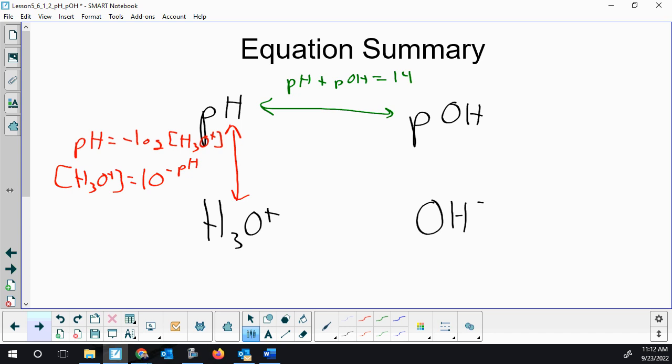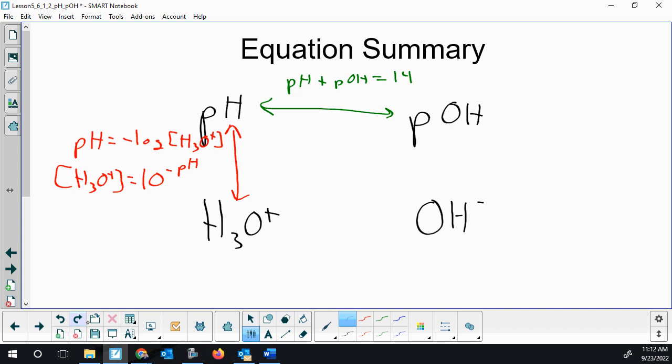So if I give you a question, hydronium, and what's the pOH, you can't do that in one step. You have to realize you've got to start here, go there, and there. Some of these questions you're going to get are multi-step. I'm going to take that blue arrow out.